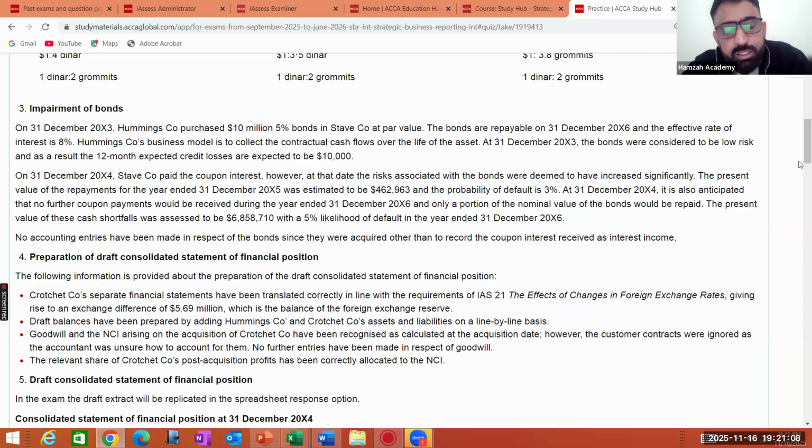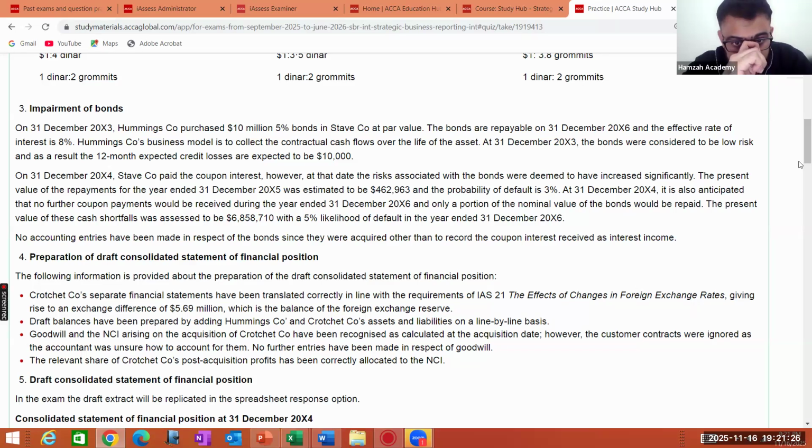If it becomes significant, you will replace the 12-month expected credit loss with the lifetime expected credit loss model, and we will generate the loss allowance. That loss allowance will be reported in the profit and loss account.